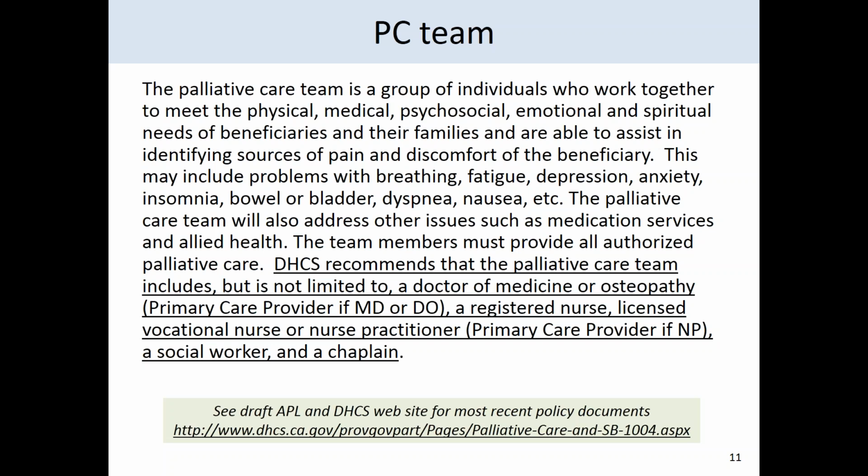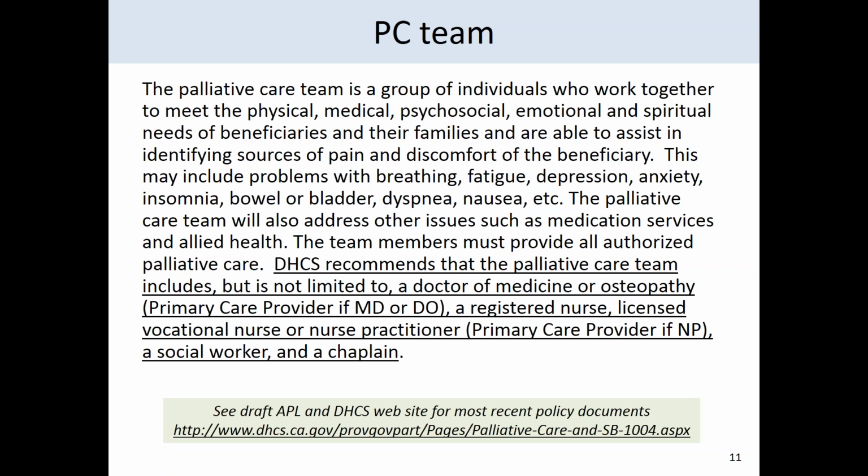DHCS recommends that the palliative care team include, but is not limited to, a doctor of medicine or osteopathy, a registered nurse, licensed vocational nurse or nurse practitioner, a social worker, and a chaplain. So what they specify is the traditional four core disciplines that are, for example, referenced in the Joint Commission certification requirements for palliative care.